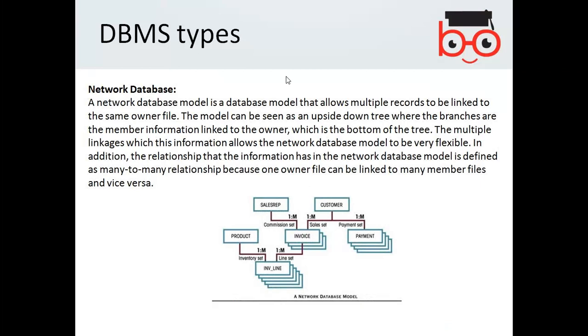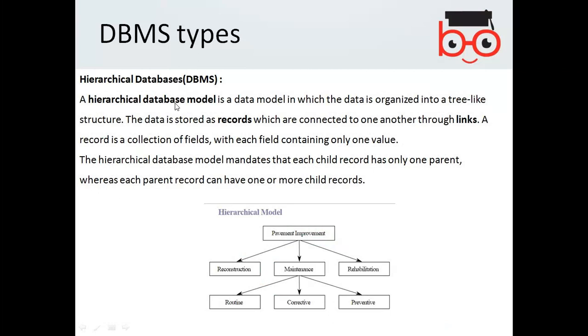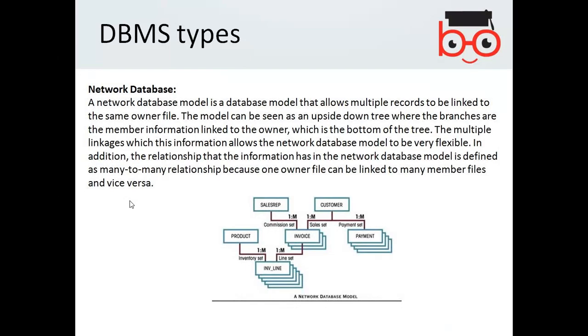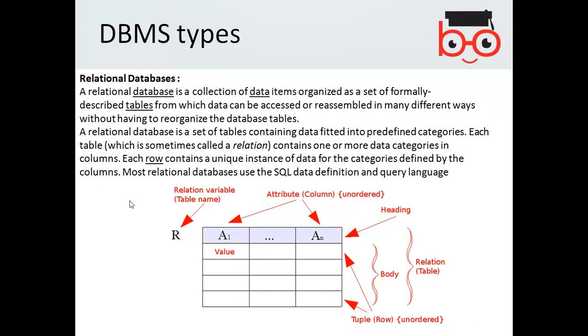For example, you could do a masters or PhD in hierarchical databases, network databases, or object-oriented databases, or a particular course in object-oriented databases. So we will only go into detail for the relational databases.